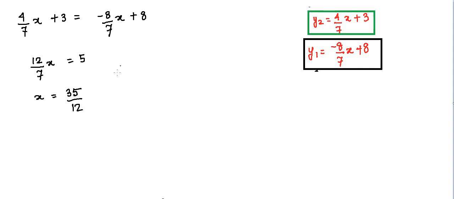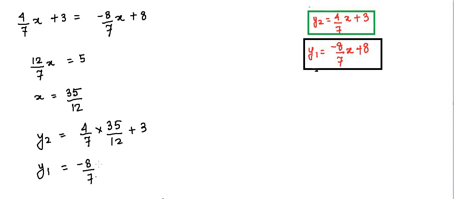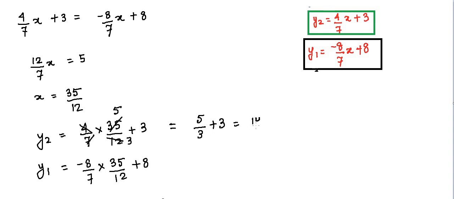Now let's substitute the value in y2 and let's substitute the value in y1. So this is going to be 4 by 7 into 35 by 12 plus 3, and this is going to be minus 8 by 7 into 35 by 12 plus 8. So this will be cancelled out. This will be 5 by 3 plus 3, this is going to be 14 by 3.